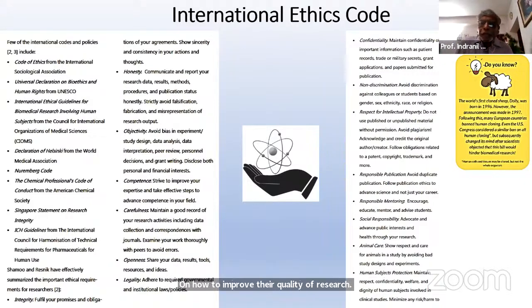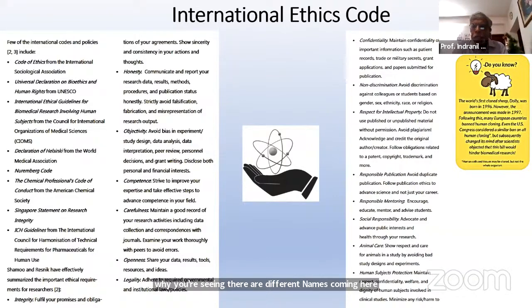Now, improvement in quality of research does not only mean publishing in high impact factor journals, it also means doing your research in an ethical manner, following certain philosophical rules and principles which have been honored through the ages, and making sure that the publications which result from such research activity are morally and ethically correct and right. So that's why, because so many organizations, so many countries have been actively involved, you see different names coming here.